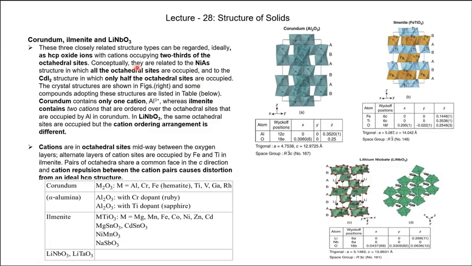We can conceptually say that they are related with nickel arsenide structure, which we have discussed in detail, in which all the octahedral sites are occupied, and to the cadmium iodide structure, that we also discussed, in which only half of the octahedral sites are occupied.